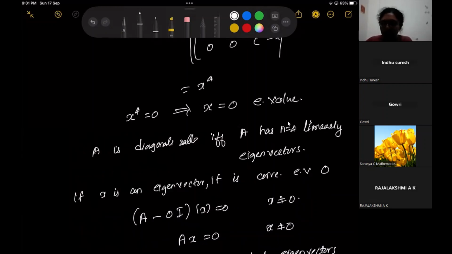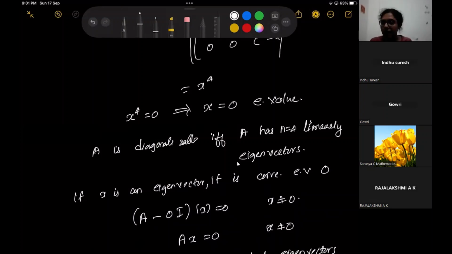Now, A has 4 linearly independent eigenvectors means that if we take any element from R4, that element can be written as a linear combination of these 4 linearly independent eigenvectors, since R4 has dimension 4. So any y can be written as a1 x1 plus a2 x2 plus a3 x3 plus a4 x4, where x1, x2, x3, x4 are eigenvectors corresponding to the eigenvalue 0.